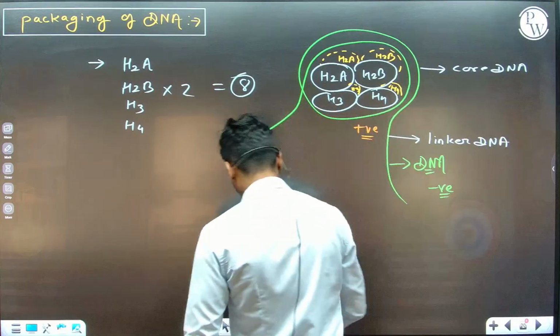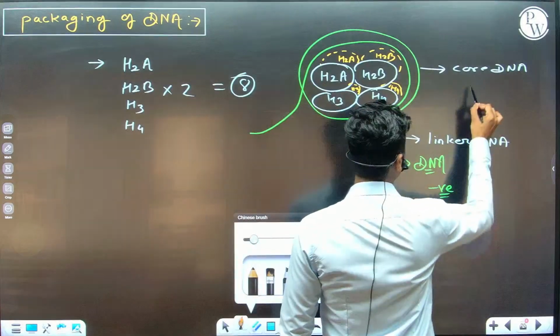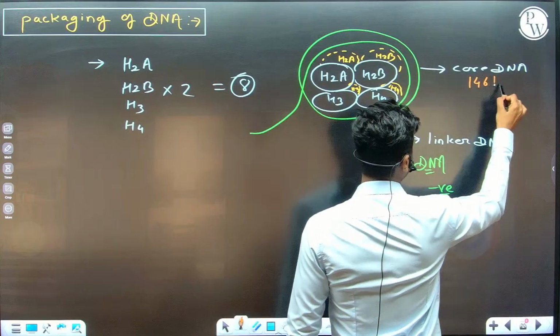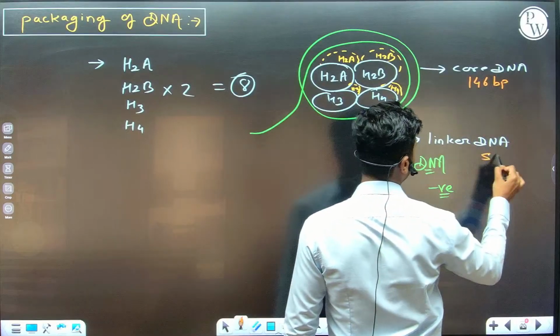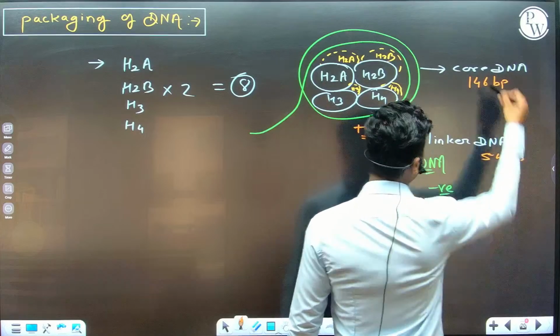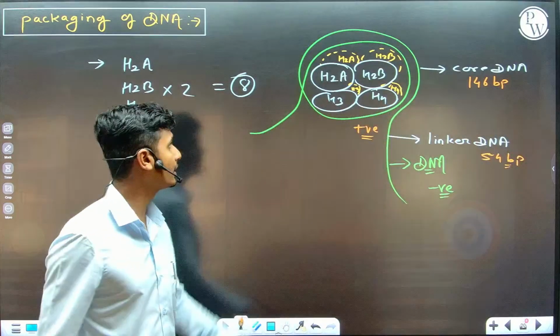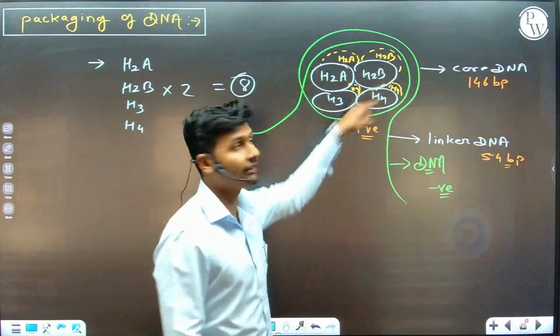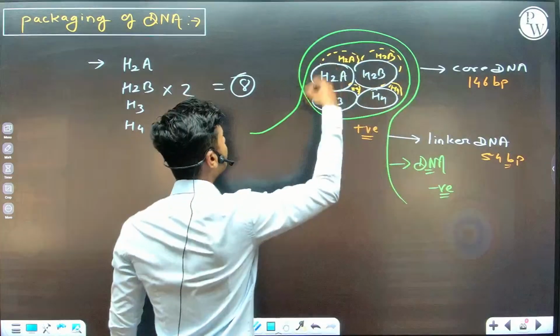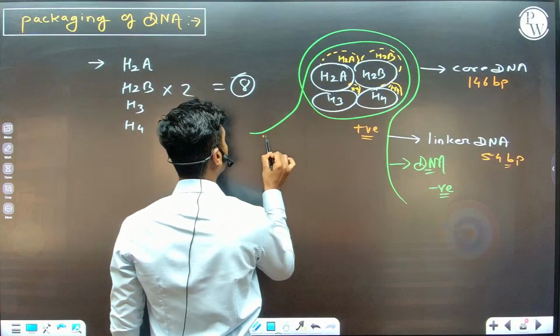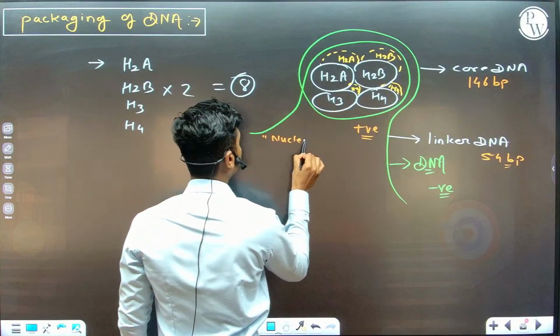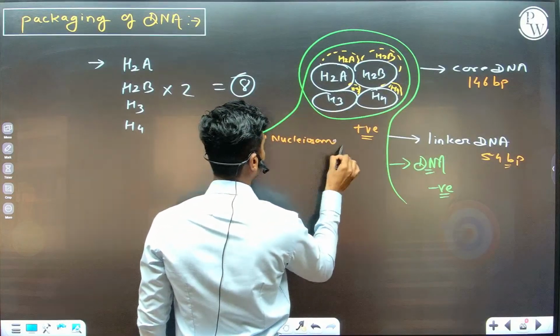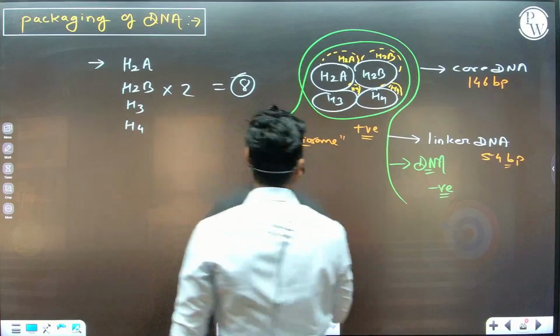Core DNA has 146 base pair and linker DNA has 54 base pair. So combined total is 200 base pair. Here is the octamer, but after wrapping of DNA, it is called a nucleosome.